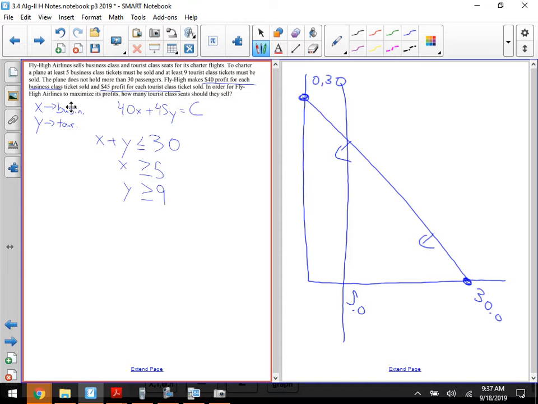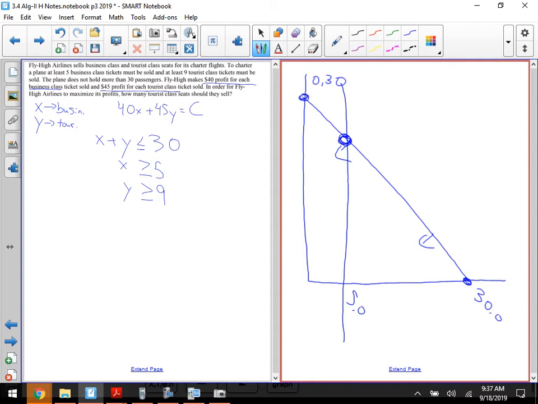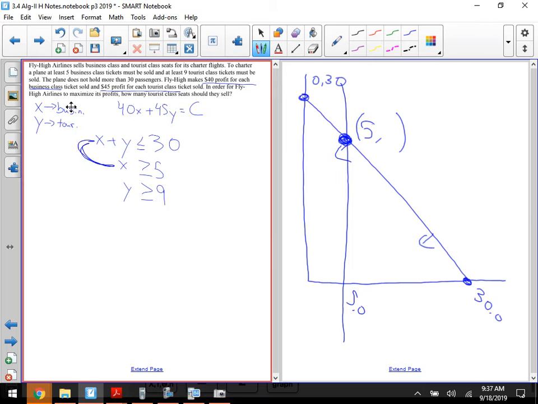So as it hits this line here, the x-coordinate is 5. Remember what you're doing here. You're looking where these two now intersect. You're still doing a system of equations in this case. It just so happens that it's a very easy system of equations because you know what your x value is. If your x value is 5, what's your y value there? Good.